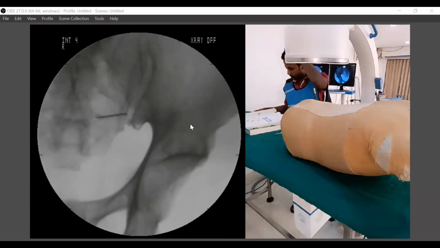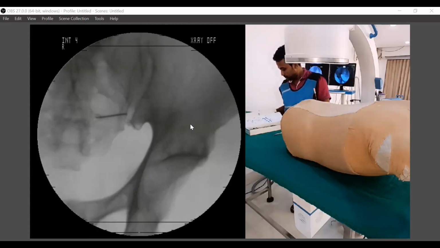As soon as you enter, you will feel a loss of resistance, and then when you give contrast, it should spread. Sometimes even after getting loss of resistance, the contrast doesn't spread well. Then you have to manipulate a bit, go a bit forward or come back a bit, so that the contrast spreads inside the joint.